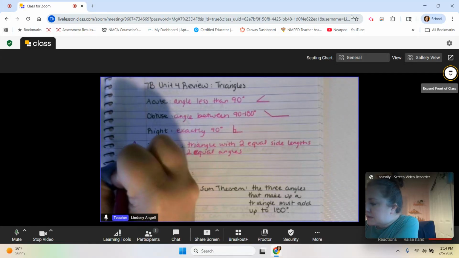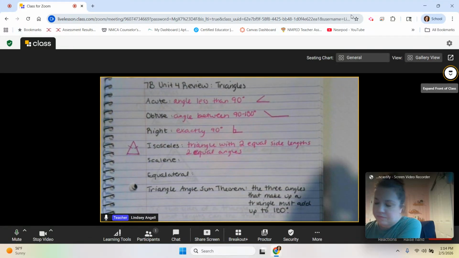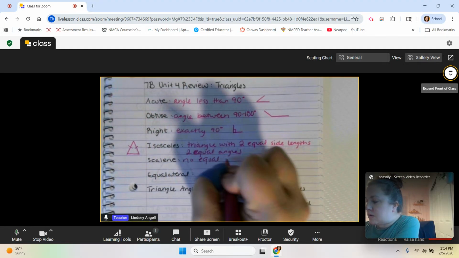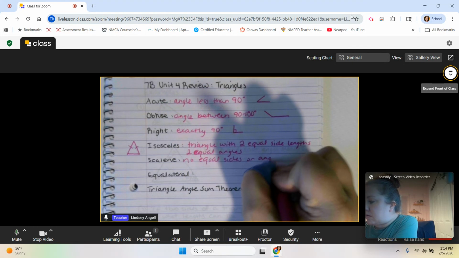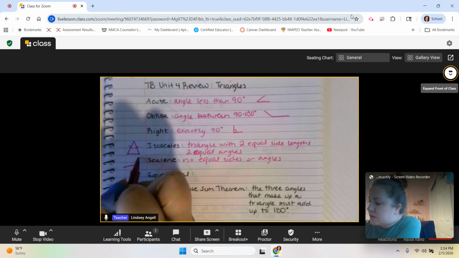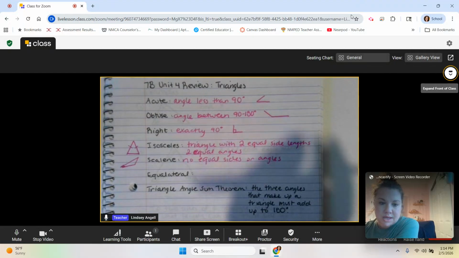That would look something like this, and then we could use those little tick marks to show that those are the same. A scalene triangle has no equal sides or angles. Okay, so that could look like, I don't know, I'll try my best to draw something like that. Nothing's the same.